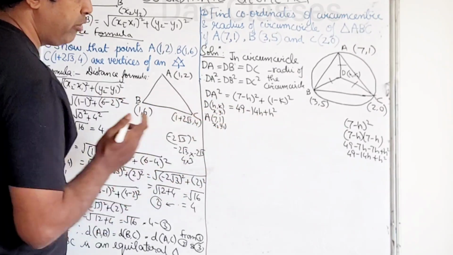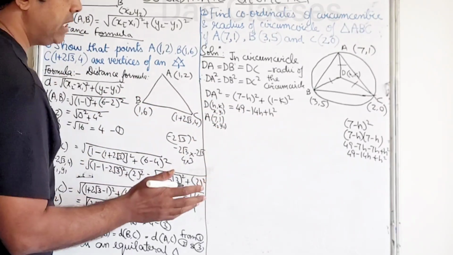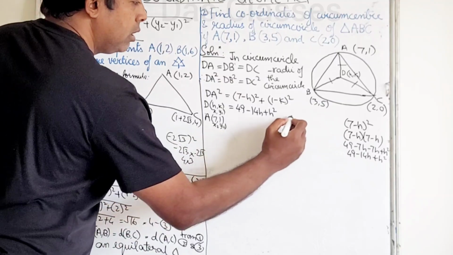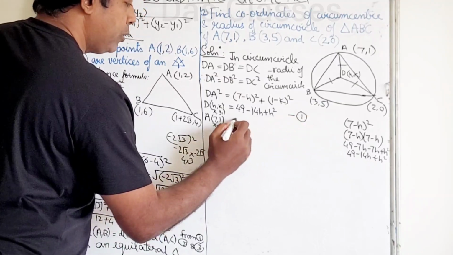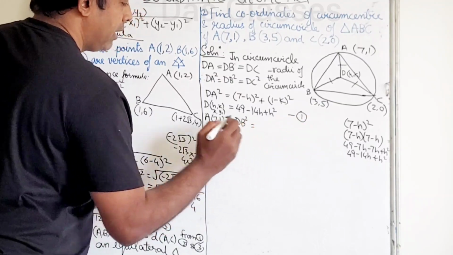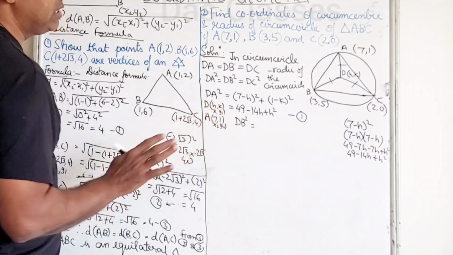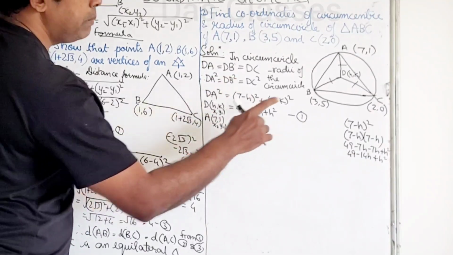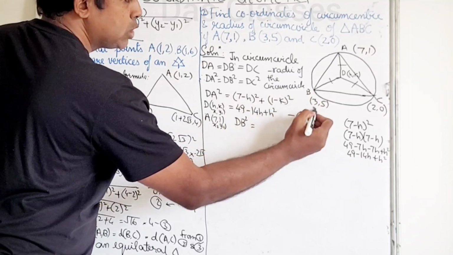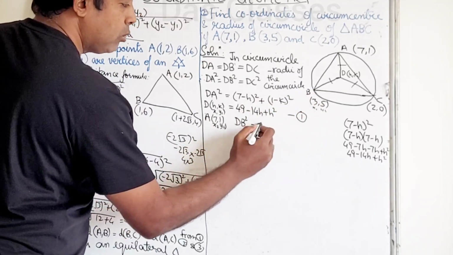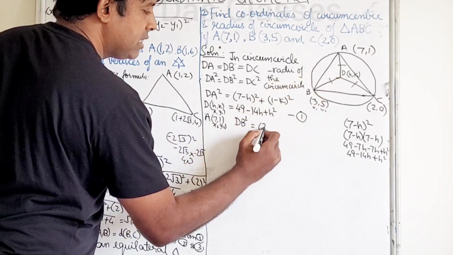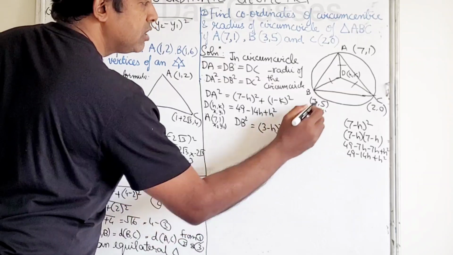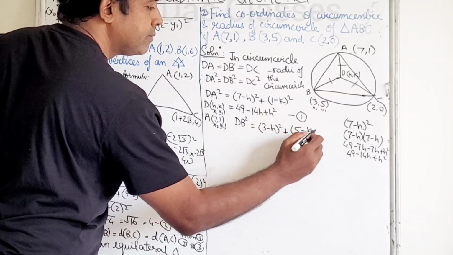So whichever way you find it easy, you write it. So we have got DA square. Let us give it number 1. Next we need to find DB square. Again the same thing: D we have already considered as (H, K), and B we'll consider as (x2, y2). So again we get 3 minus h square plus 5 minus k square.